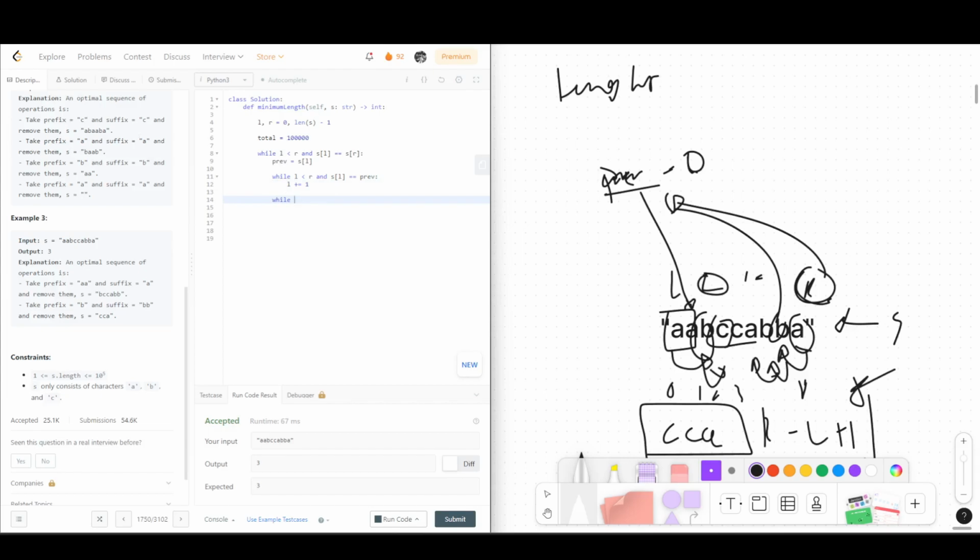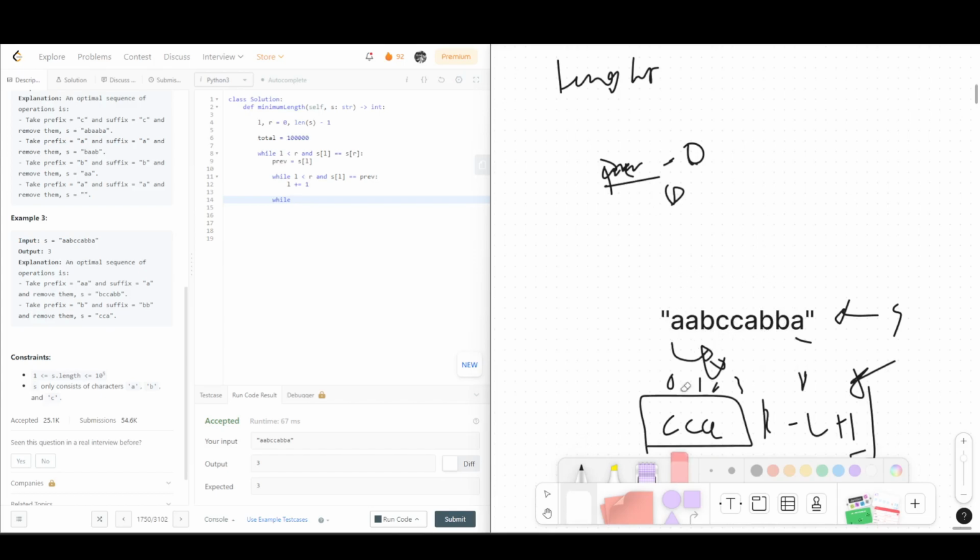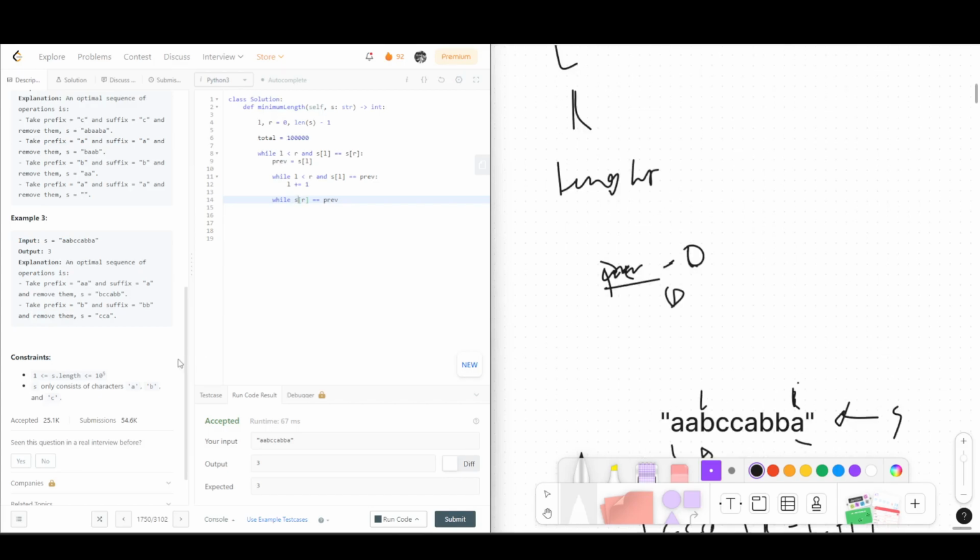Let's say if this is L and R. Once you get to this point, we need to make sure that they don't intersect for one, and also that the R is the same as the previous value, but also we want to make sure that, let's say we get to this point.